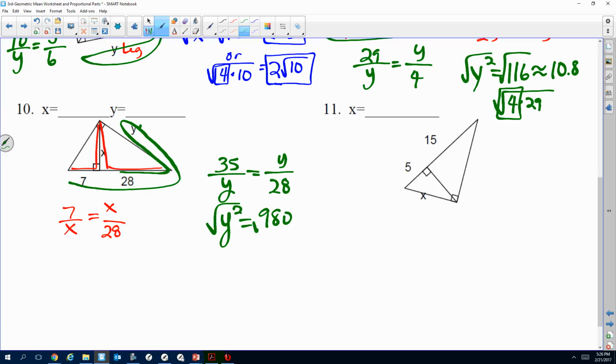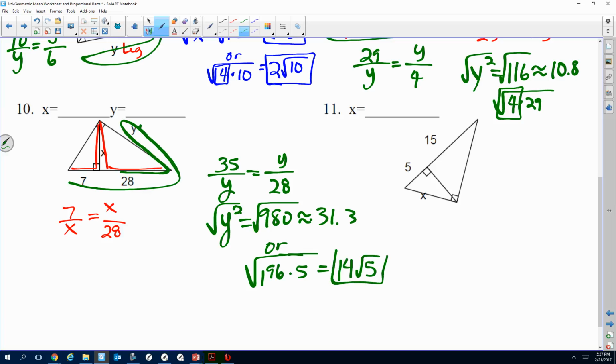And we're taking the square root of that, which comes out to approximately 31.3. But I can simplify 980 to 196 times 5, which comes out to be 14 square root of 5. So even if you can't get to the radical, the decimal will get you to the right answer. So just make sure we can do that.